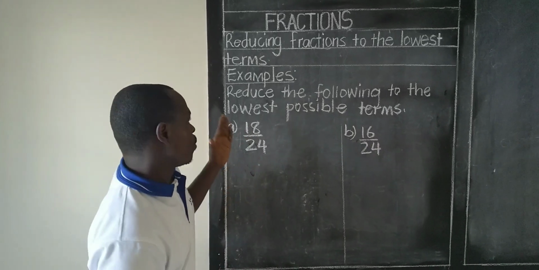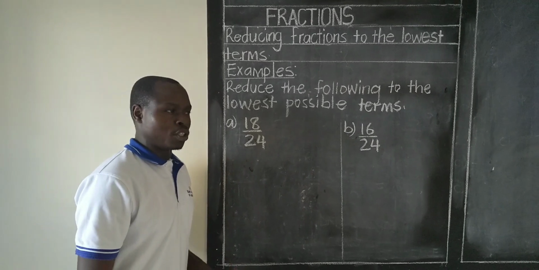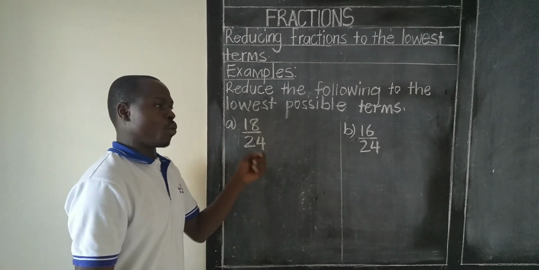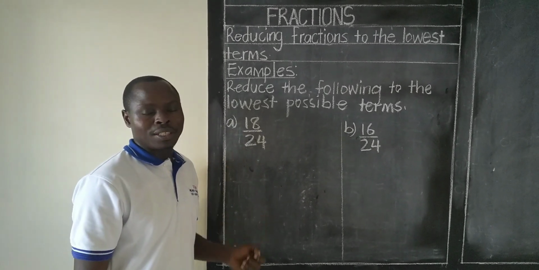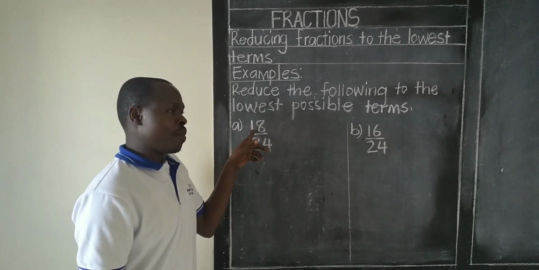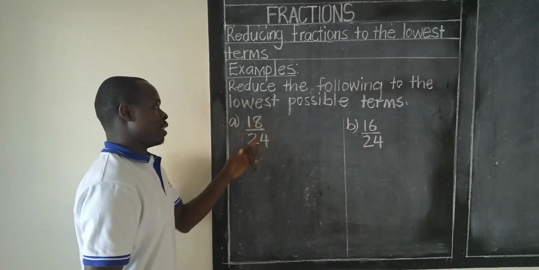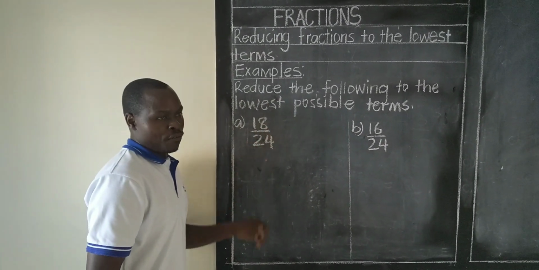For example, we are going to reduce the following fractions to their lowest possible terms. So we begin dividing through by the lowest factor possible that can divide both the numerator and the denominator. For this case, the last numbers are even numbers.